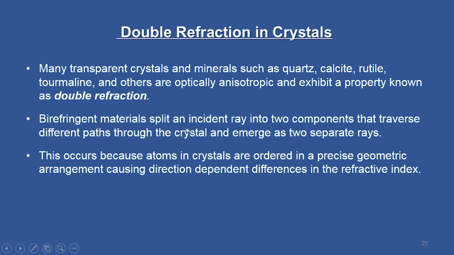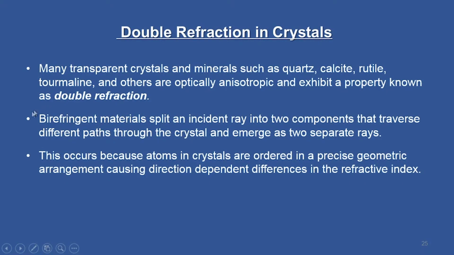Birefringent materials split an incident ray into two components that traverse different paths through the crystal and emerge as two separate rays. This occurs because atoms in the crystal are ordered in a precise geometric arrangement, causing direction dependent differences in the refractive index. See, this is the fundamental reason why the polarized microscope is able to generate a special contrast.